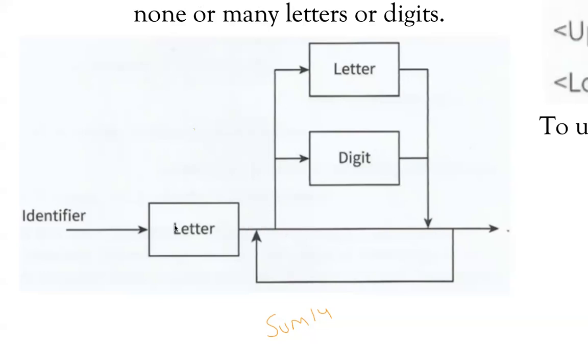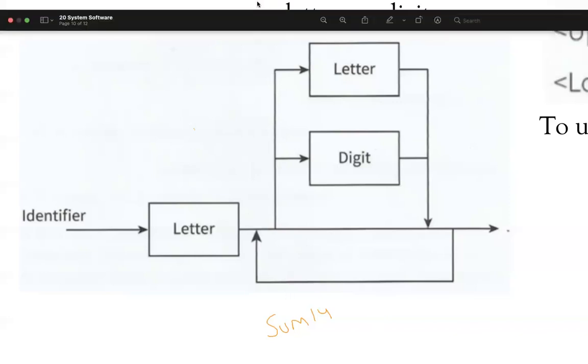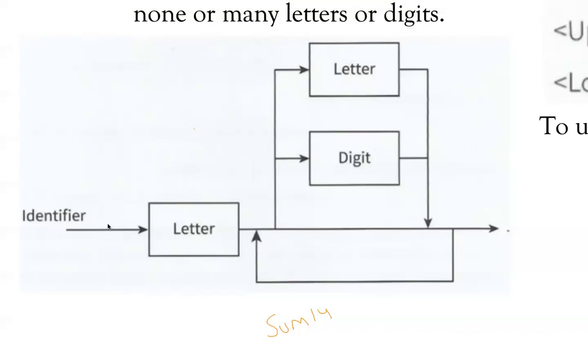So I've got S, then U, then M. And then it also specified that I can have a combination of digits as well. So that means that 1 and 4 are also part of this. And after using that last 4, I can exit this syntax diagram. So that means sum14 is also a valid identifier. Now, this also means that I can have any length of letters and digits.